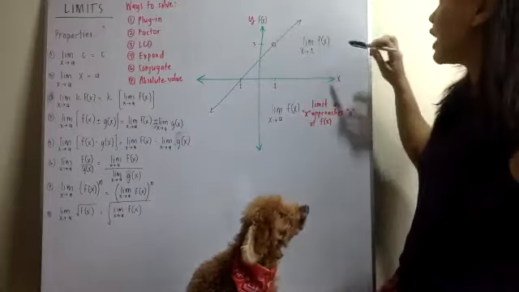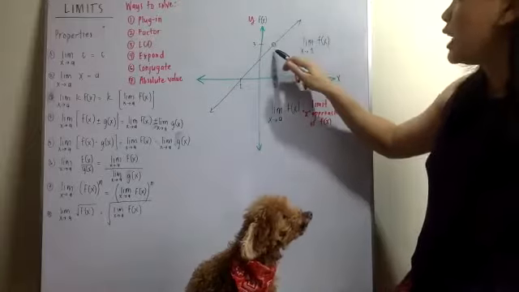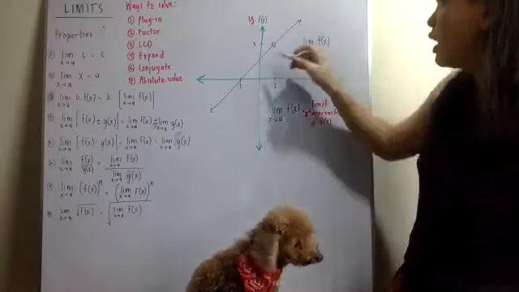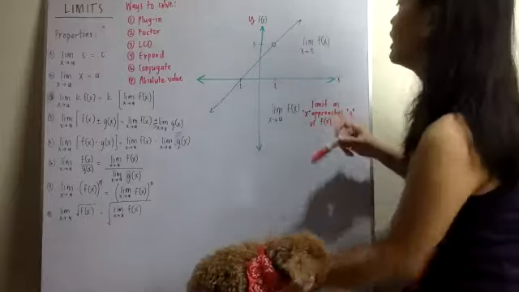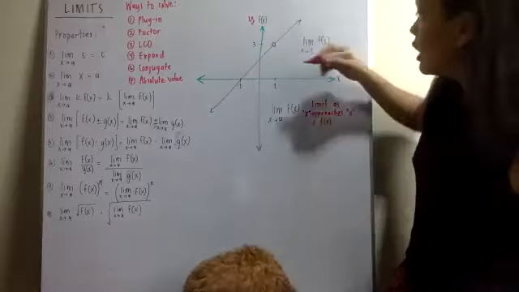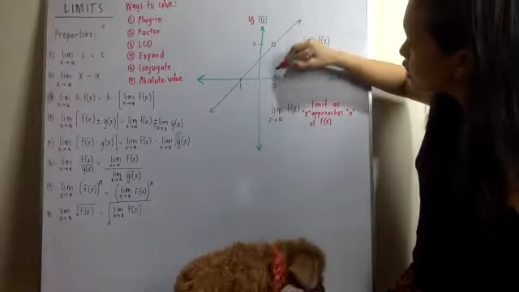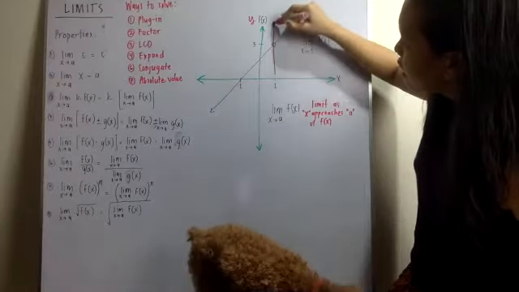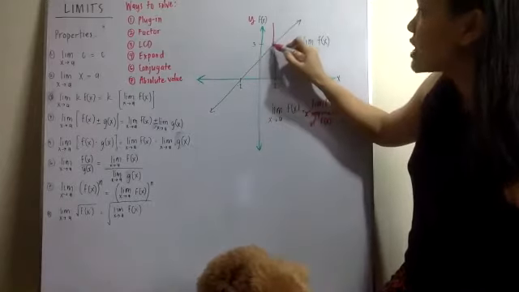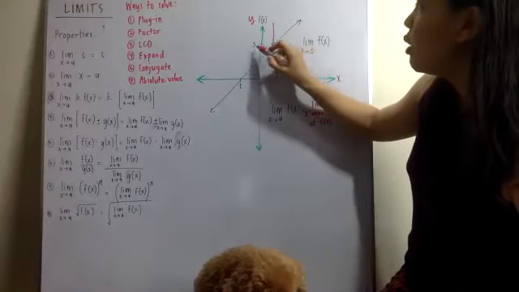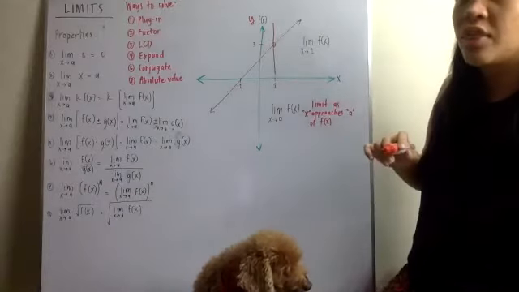Okay? So for example, this one, kung makikita nyo, ang ating f of x, so as x approaches 1, so ito yung 1 natin, right? Ang behavior ng graph na to is lumalapit siya sa value na y is equal to 3. Okay?